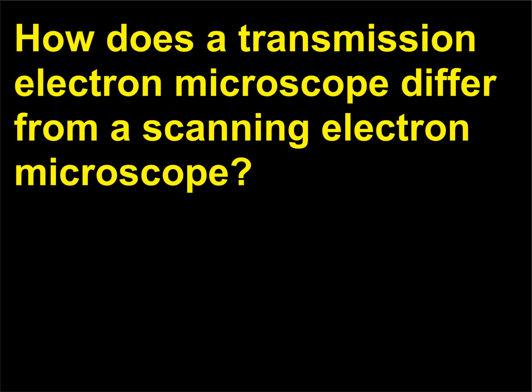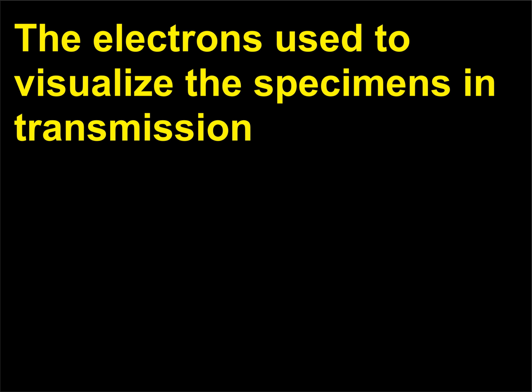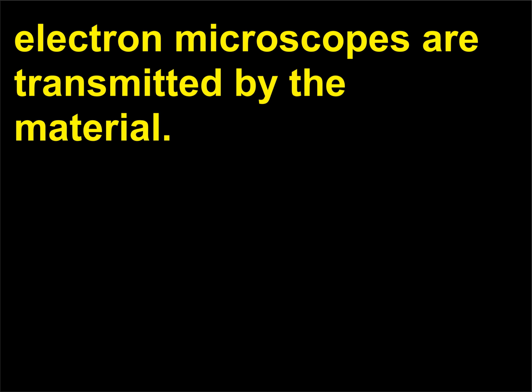How does a transmission electron microscope differ from a scanning electron microscope? The electrons used to visualize the specimens in transmission electron microscopes are transmitted by the material.